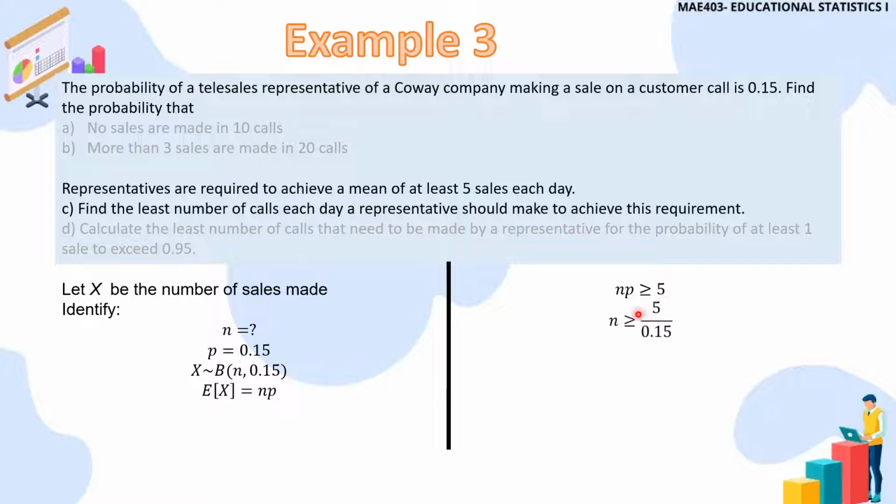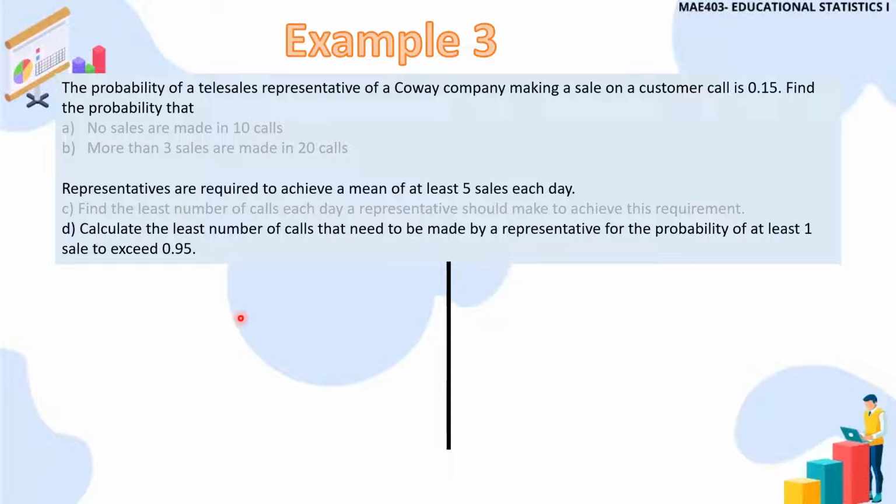We know that p is 0.15, so you just substitute, and by using algebra, 5 over 0.15, therefore, the n you will get 33.33. However, this is the number of calls, so it is rounded up to 34. Therefore, the least number of calls each day to be made by the representative is 34.